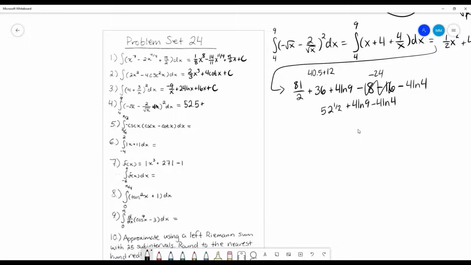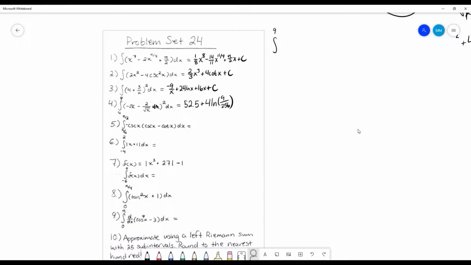So ignoring this part, that's 4 natural log 9 minus natural log 4 to the 4th, so I could consider that 4 natural log 9 minus natural log of, I think that's 256, which is then 4 natural log 9 divided by 256. There we go. And that's probably as simplified as that can be. So that's how we'll leave it.